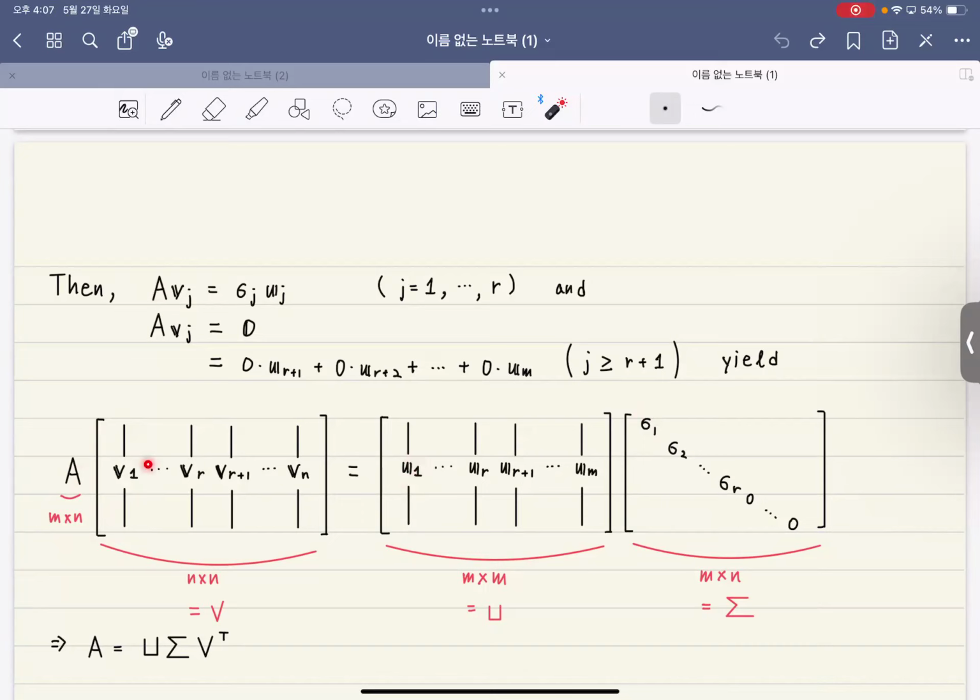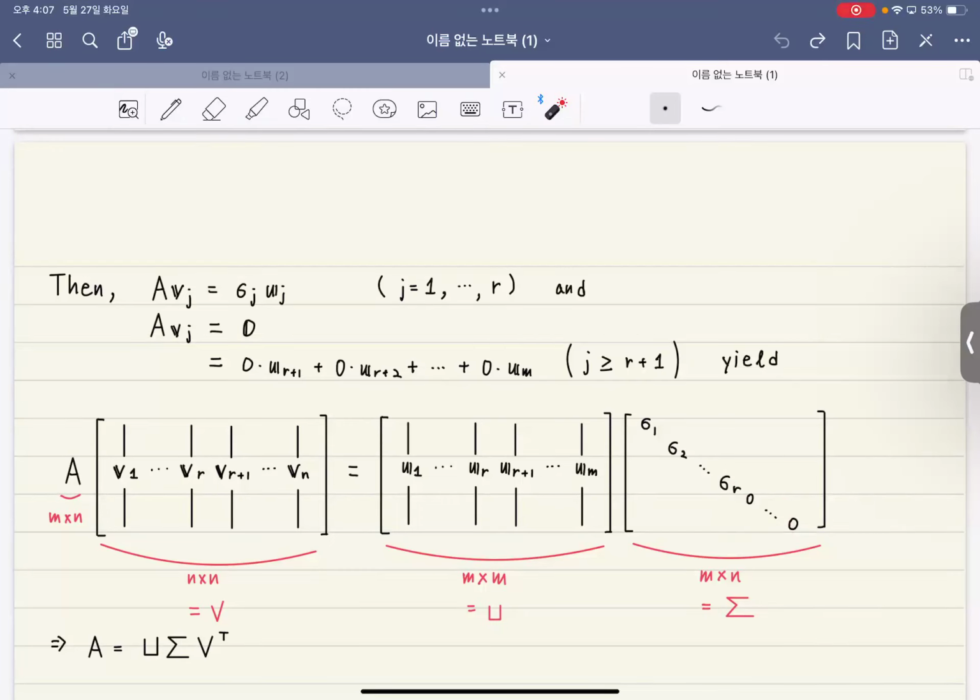A times V2 is sigma 2 times U2, right? A times Vr is sigma r times Ur. Okay, but A times V r plus 1 is just a bunch of zeros, right?